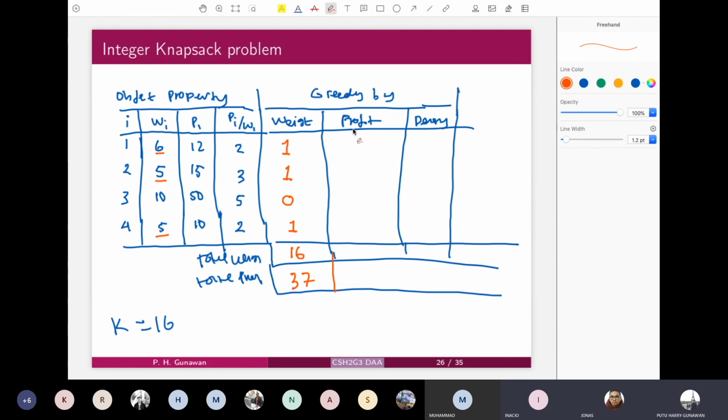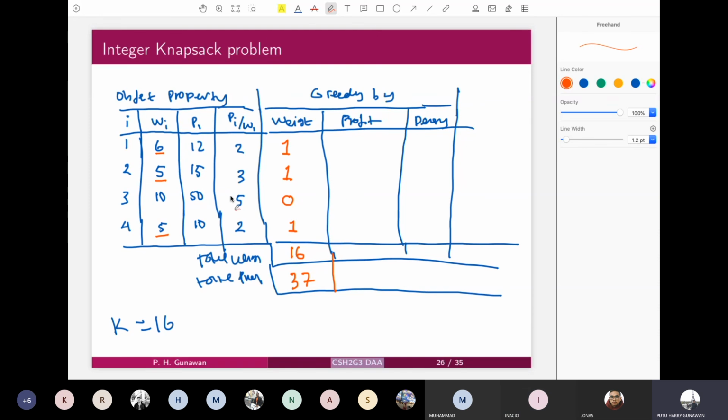Now, how about the greedy by profit? So the greedy by profit is, of course, the reverse of greedy by weight. Greedy by profit means I pick the highest profit rather than the smallest one.